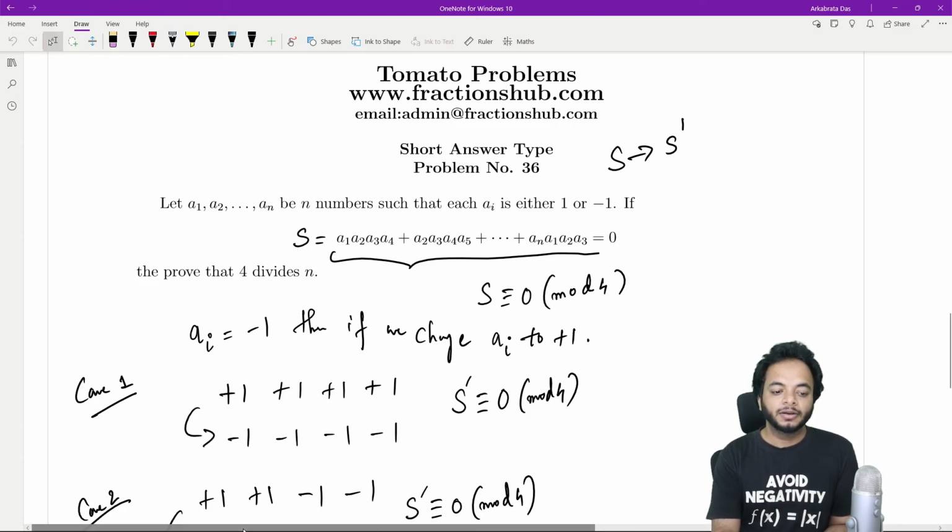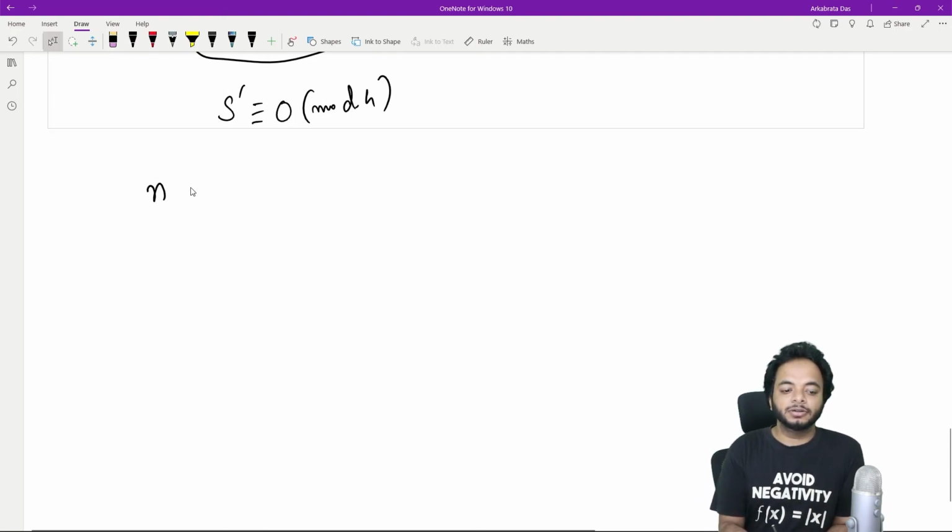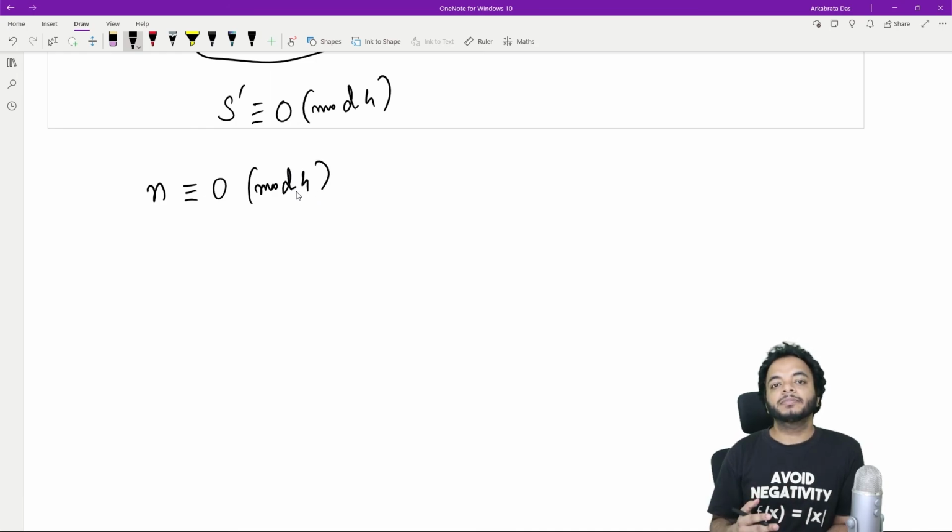I'm changing all the -1s one by one to +1s, and finally I'm getting n, and that should be congruent to 0 modulo 4, because the sum is invariant under the sign change of a minus sign going to a plus sign under modulo 4.